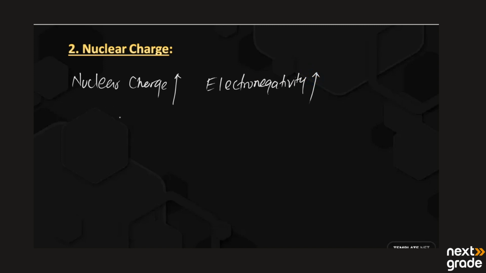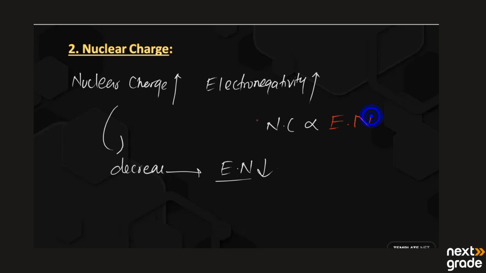In turn, if the nuclear charge decreases, then it will also decrease the electronegativity. So there is a direct relation between the nuclear charge and the electronegativity. When nuclear charge increases, then electronegativity also increases.